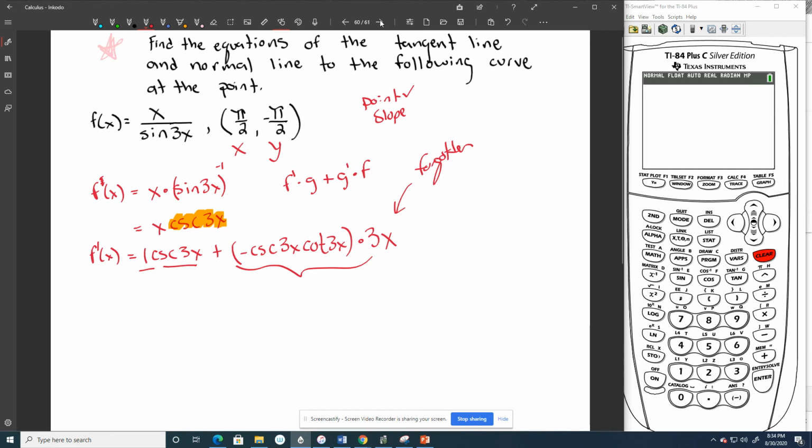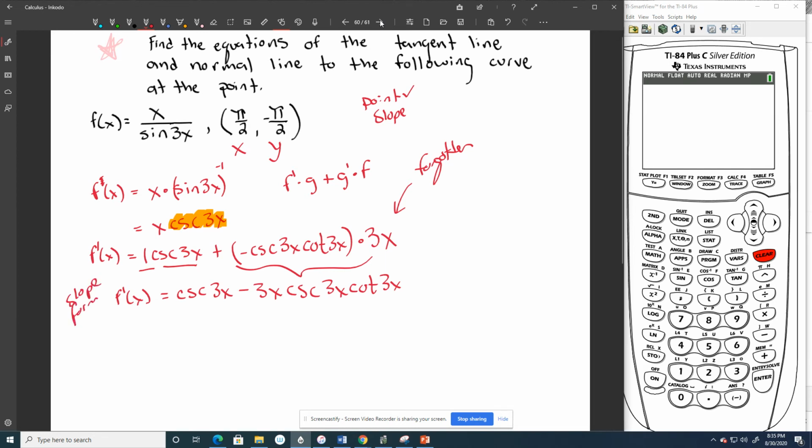So when I rewrite this, we can drop the 1. So f prime of x is going to equal the cosecant of 3x. And this becomes, I'm going to move this 3x to the front, minus 3x cosecant 3x cotangent 3x. All right, I'm feeling okay about that one. Now we want to plug in, because this is our slope formula. This is our derivative.